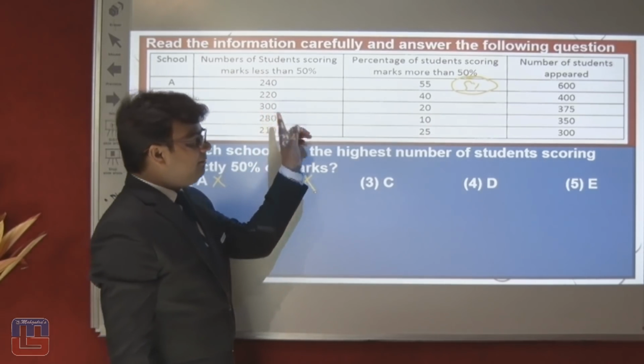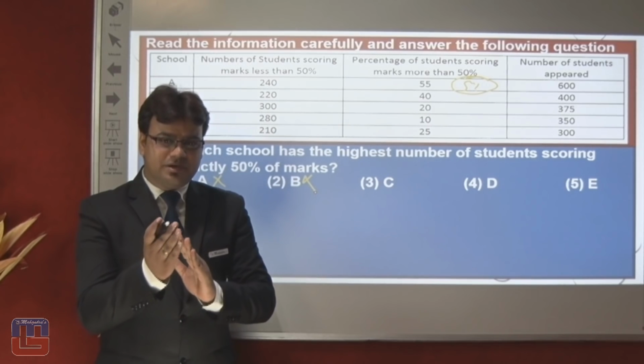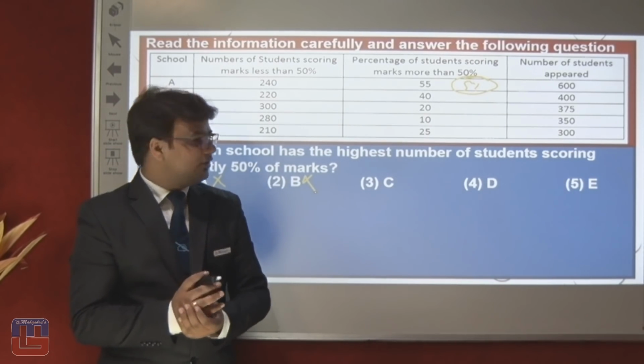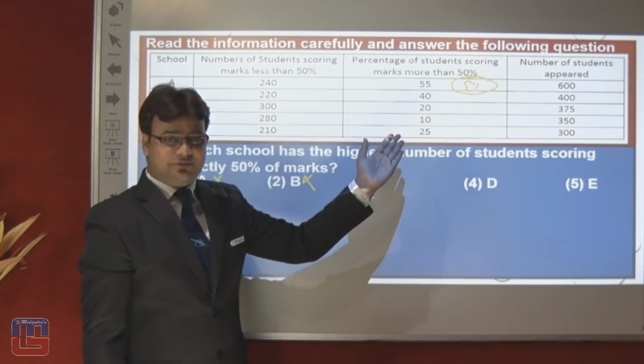Next, 300 plus 20% of 375. 20% of 375 is 75. 300 plus 75 is 375, that means 0 students.